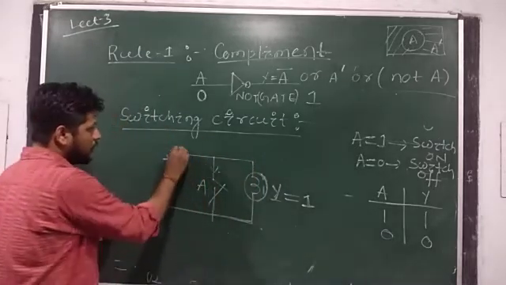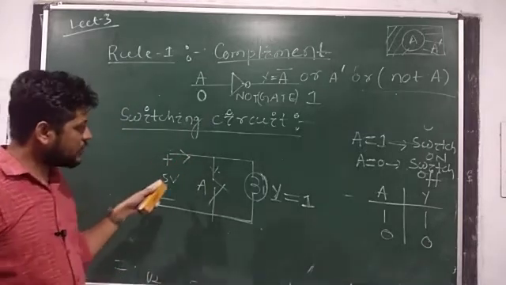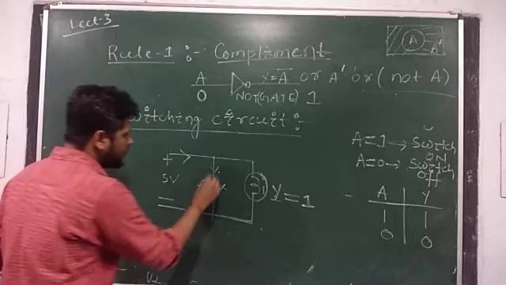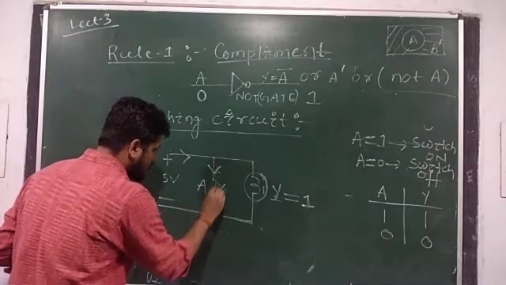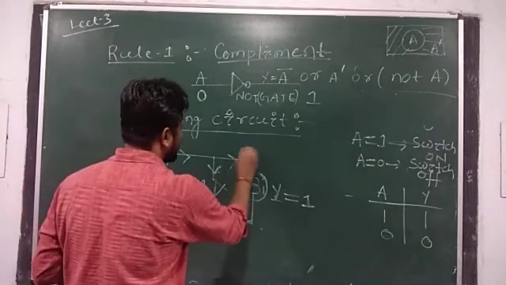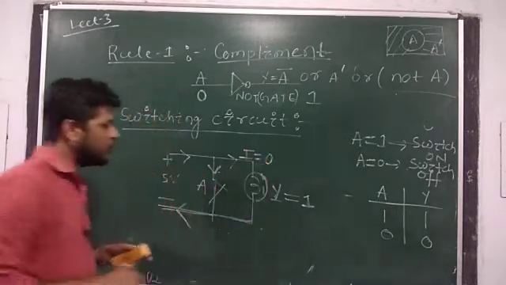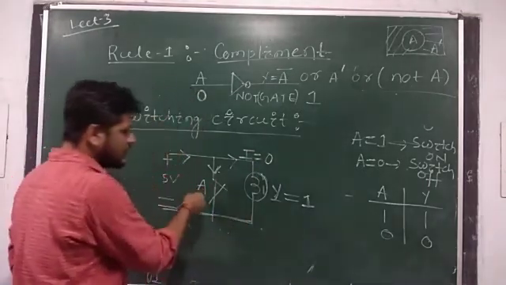Then whatever current is supplied from this source will be passing through this closed short circuit path. No current will be flowing through this bulb. Hence, the bulb will be off when the switch is on.